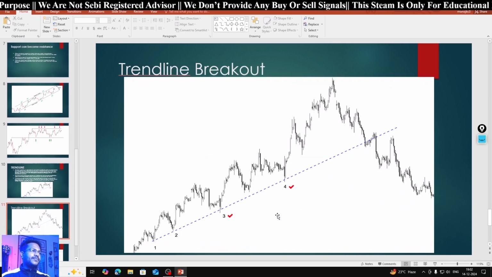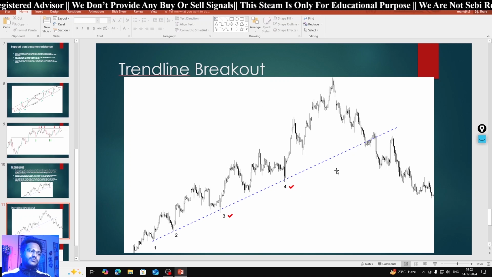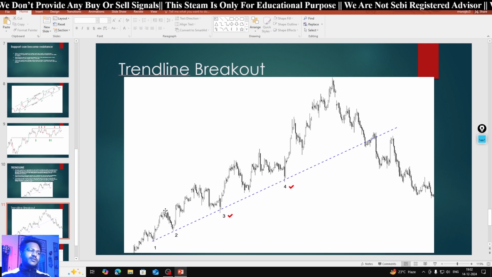Now, this is another example for a trend line breakout. So I'll just try to show you. You could see the market tried to bounce at 1 point, 2 point, and then 3 times.